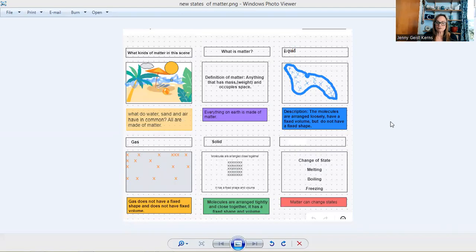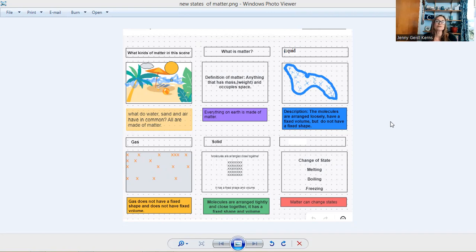Okay, so first I'm going to go ahead and bring up a little diagram here as a reference that we can look at. First off, let's take a look at the picture on the top left. We see trees and sand, and the blue part behind the sand is water, the ocean.